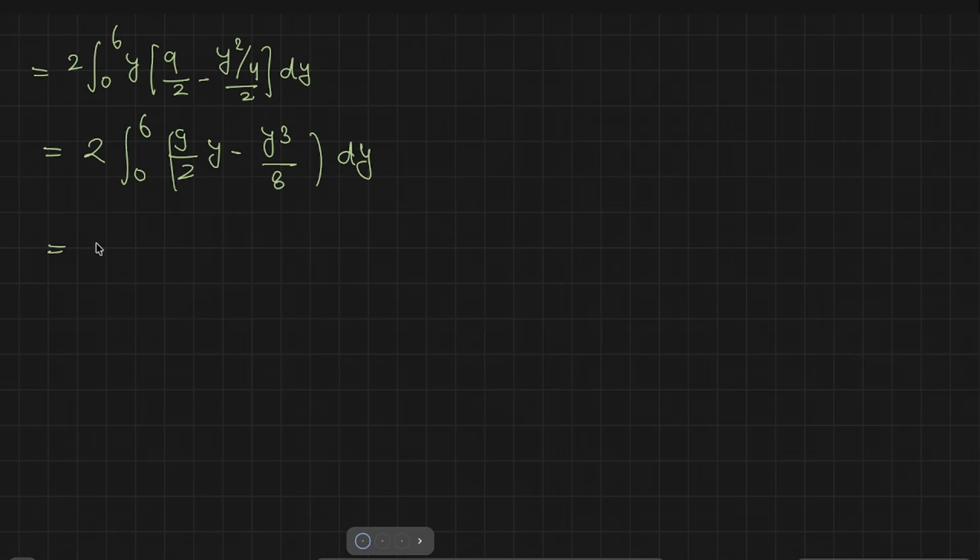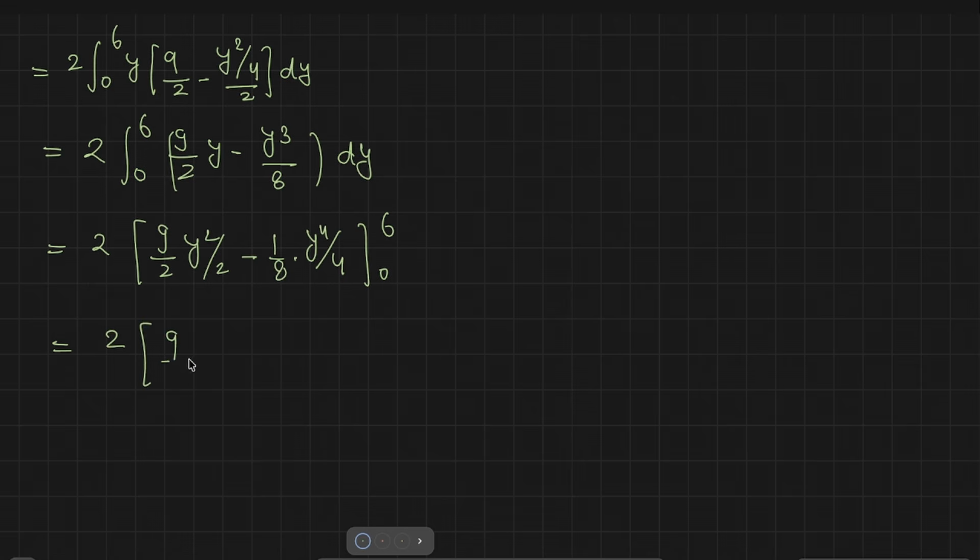So now it is basically 2 times 9 by 2 times the integration of y, which is y square by 2, minus 1 by 8 times y power 4 by 4, from 0 to 6. It is 2, 9 by 2, or I can write 9 by 4 into 6 square minus 0 square, minus 1 by 32 into 6 power 4 minus 0 power 4.